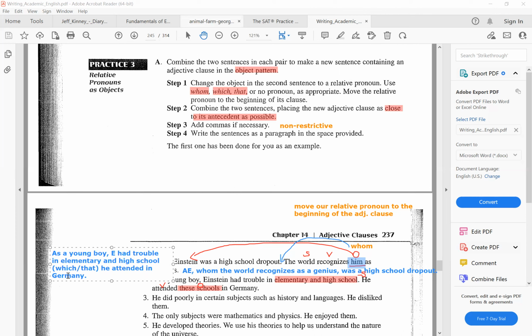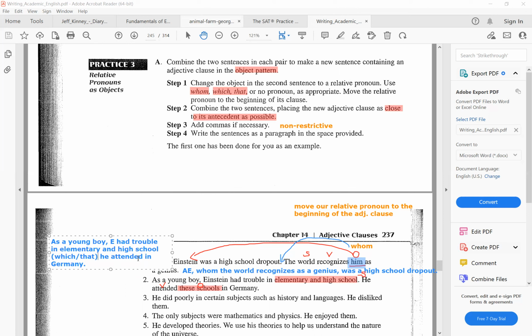So, Sandy, do you think we should use restrictive or non-restrictive in this case? I think we should use which. Why? I'm not saying you're wrong. We should use which because which is non-restrictive.